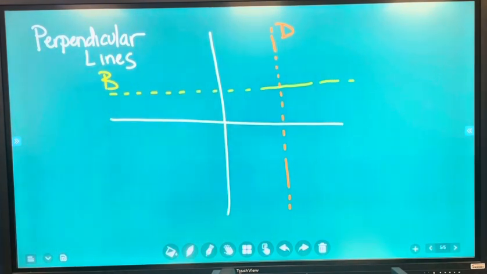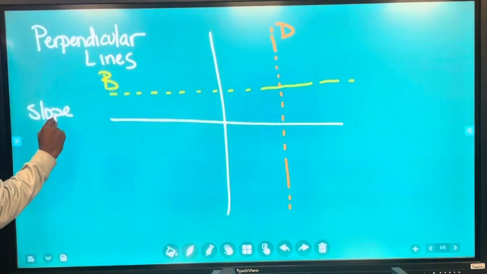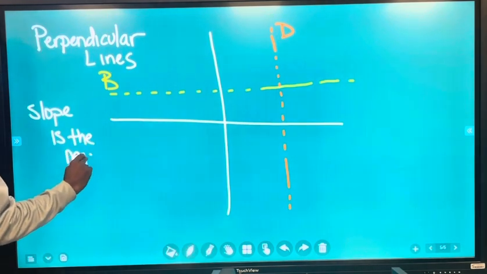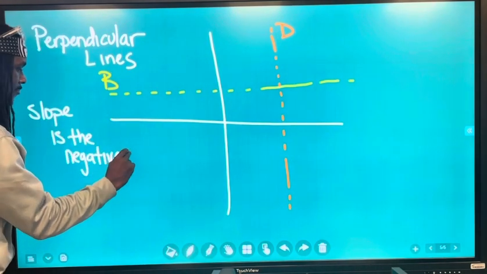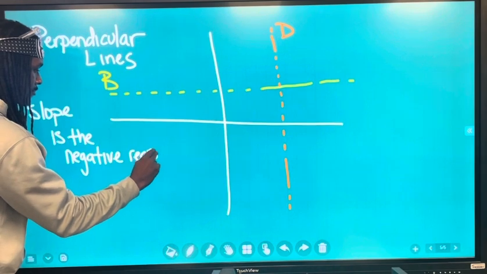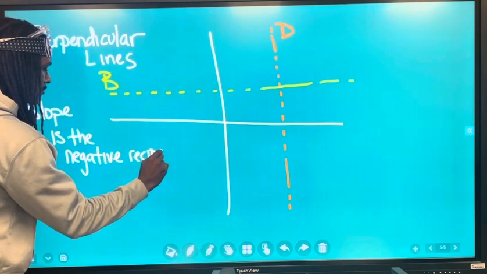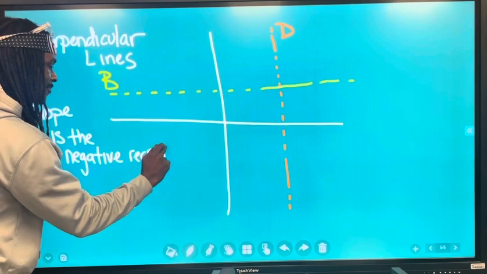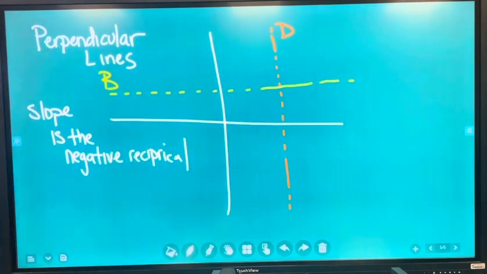That's all it is. The slope is the negative reciprocal.